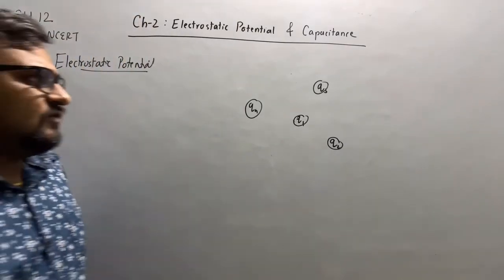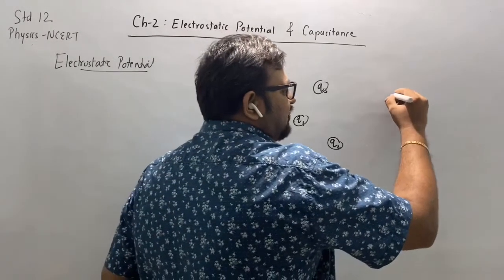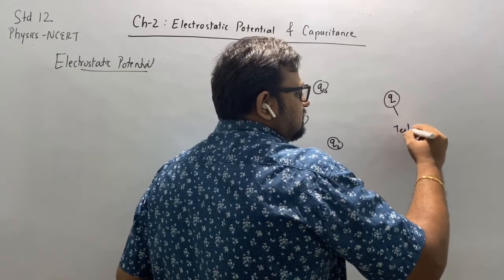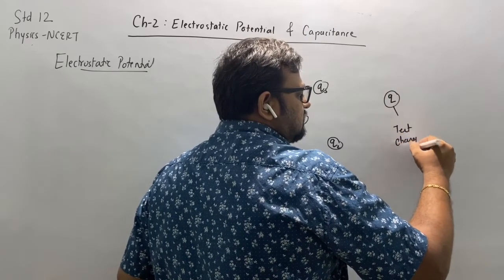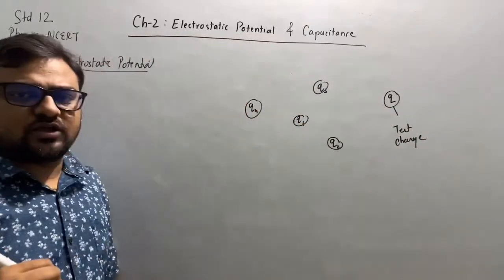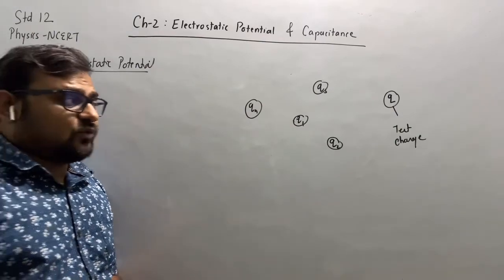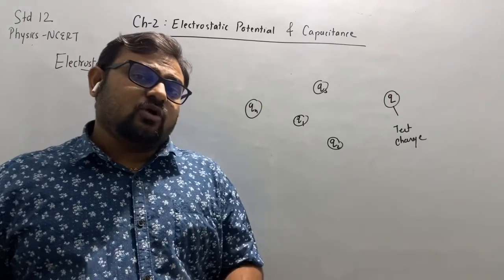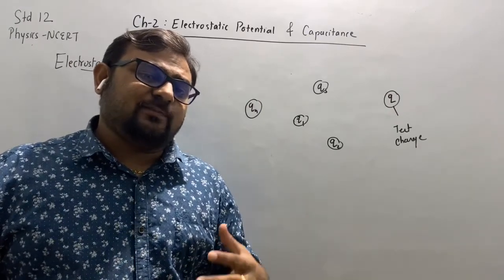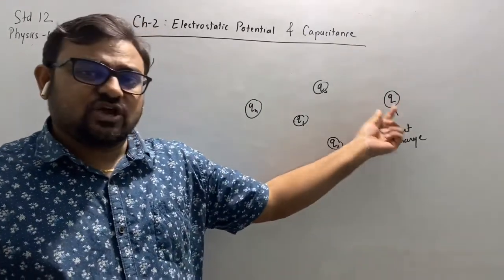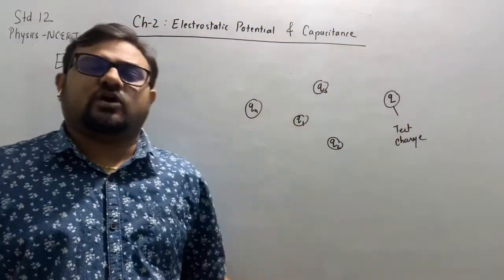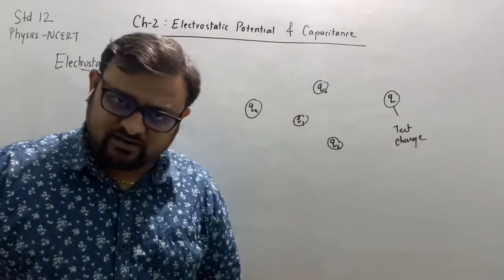Now, if you want to bring a charge Q, let's take a test charge, the potential energy of this charge will be equal to the work done in bringing this charge from infinity to this point in this electric field.